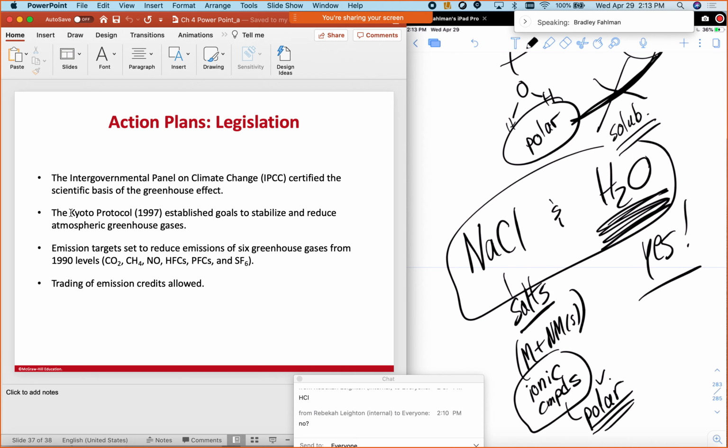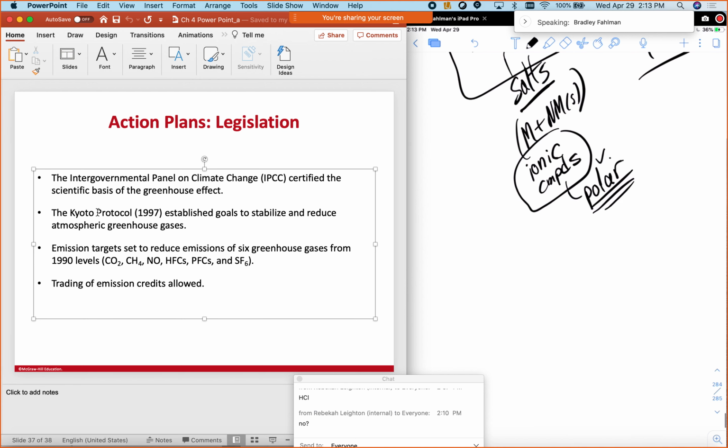The Kyoto Protocol would be something to remember. It's really just to stabilize and reduce atmospheric greenhouse gases. So this slide is something to remember. The Montreal Protocol and the Kyoto Protocol are the two big ones.